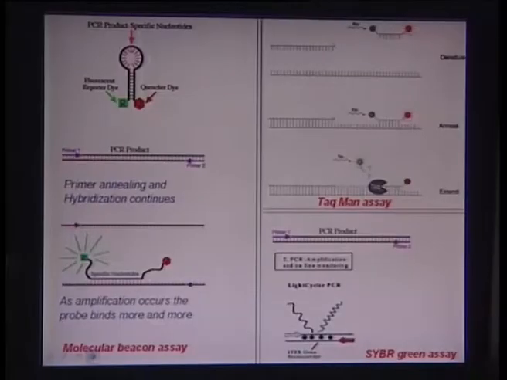As the PCR process goes on, there is a growth in amplification of the molecules. On a real time basis, the fluorescence spectra does report what is going on. If there is a slow growth in the molecules, it reports a slow growth in the fluorescence. If there is a rapid growth in the molecules, it reports an exponential growth in the fluorescence. Okay.